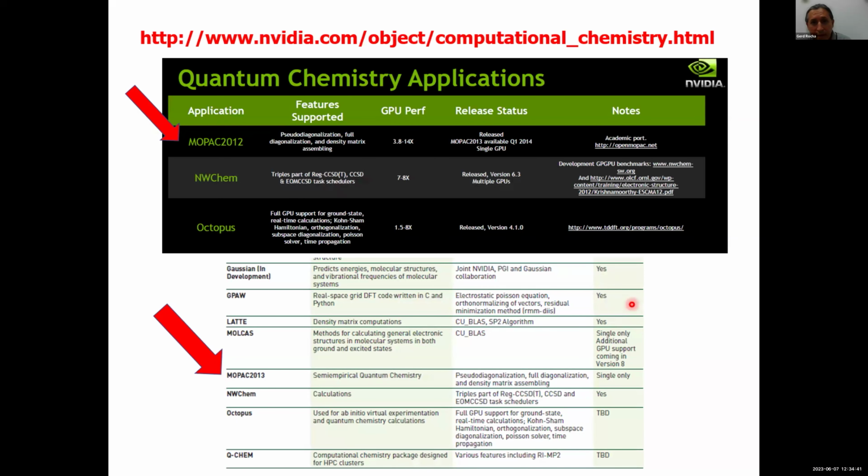And in this picture of the portal of NVIDIA, you can verify this tag of MOPAC 2013. I don't know if this MOPAC 2013 exists, but it's very funny. But in this portal of NVIDIA, you can check the acceleration of MOPAC by using GPUs from our results.